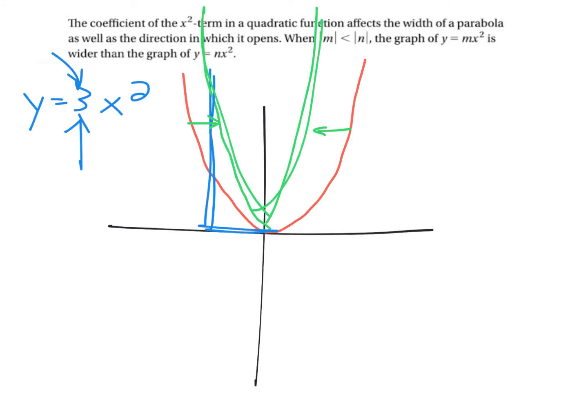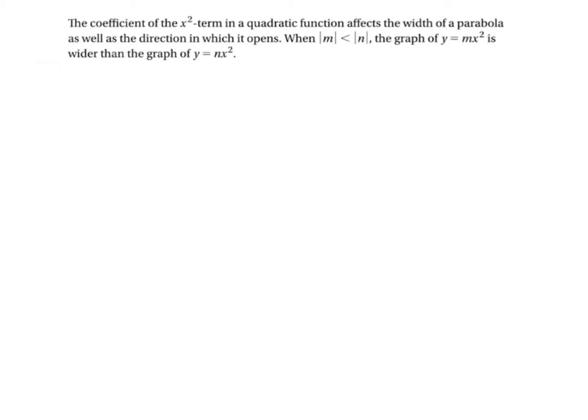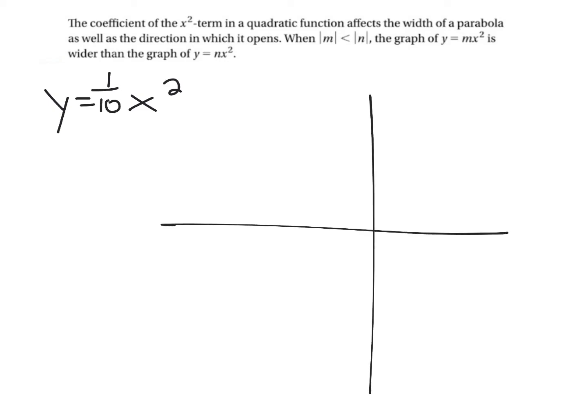Okay, so what happens if you have a coefficient on x squared that's less than 1? Let's say it's 1/10. If the parent function looks like this, for every point that I go over, I normally go up that much.